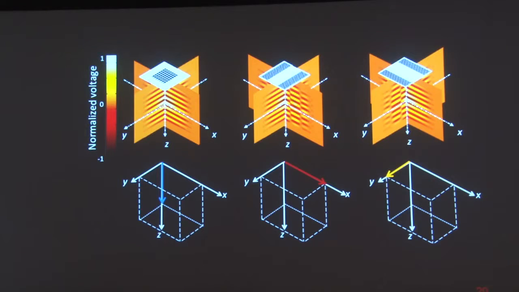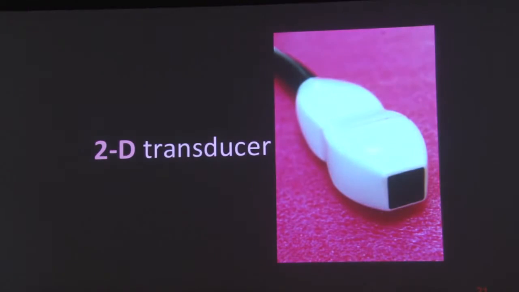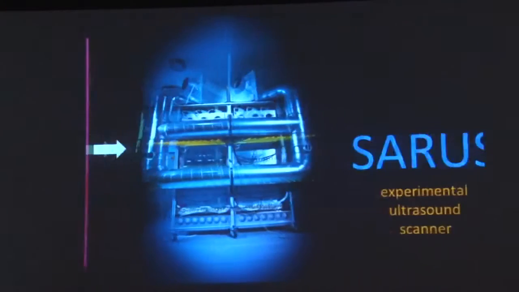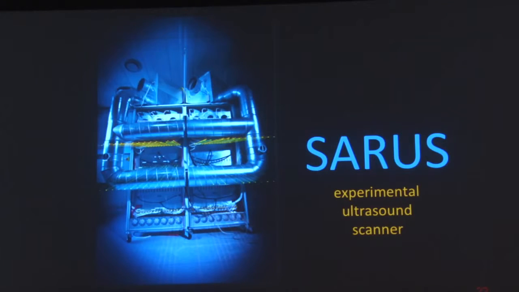As I mentioned, we need a 2D transducer, and we have a 32 by 32 element transducer manufactured by Vermon in France. So we have in total 1,024 elements, and we really wanted to sample from all of them. That's why we connected it to our experimental ultrasound scanner, SARUS. SARUS is an acronym for Synthetic Aperture Real-Time Ultrasound System. It's a really big thing, but what is unique about it is that it has 1,024 channels.